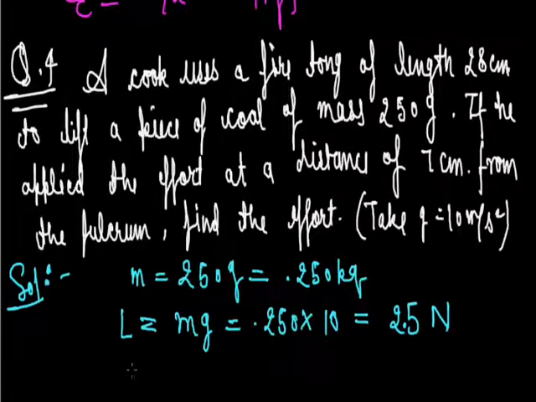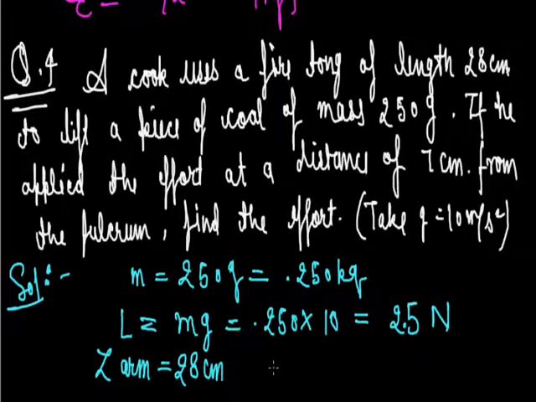Now, in this question it is given that fire tongue is of length 28 centimeter and it is a third class lever. Third class lever means the load arm is the distance between load and fulcrum. So load arm is 28 centimeter. And it is given that he is applying effort at a distance 7 centimeter from the fulcrum, so effort arm is 7 centimeter.